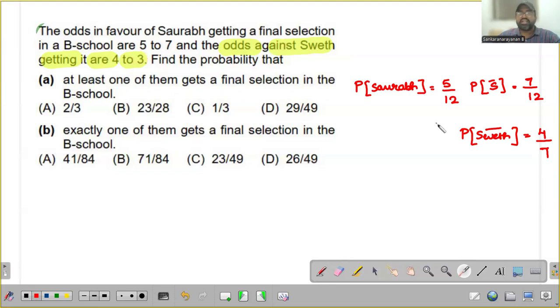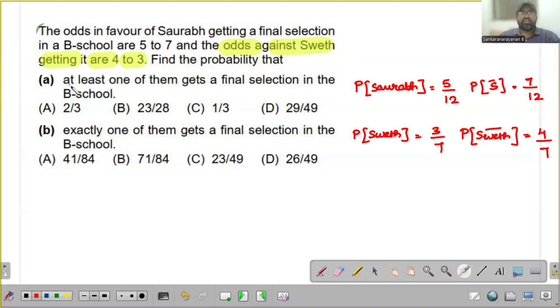So he won't get selected; it will be 4 divided by 4 plus 3, that is coming as 7. Which means the probability that our Sweth is going to get selected will be equal to 3 upon 7. Okay. So we got all these inputs now.